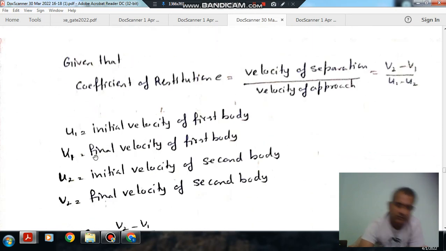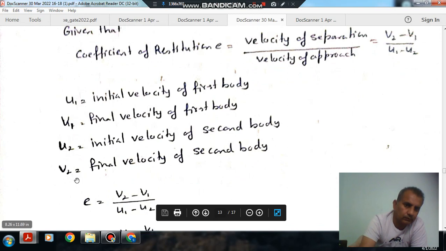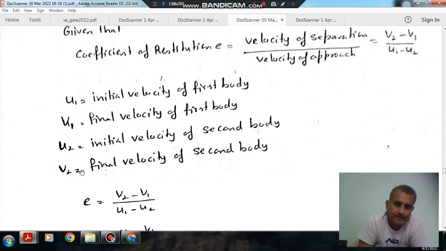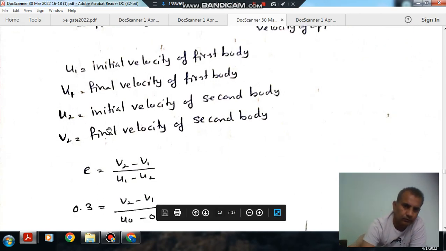The coefficient of restitution is velocity of separation divided by velocity of approach, where velocity of separation is v2 minus v1 and velocity of approach is u1 minus u2. So u1 is the initial velocity of the first body, v1 is the final velocity of the first body, u2 is the initial velocity of the second body, and v2 is the final velocity of the second body. u2 is 0 because initially the second body is at rest, and u1 is 40.